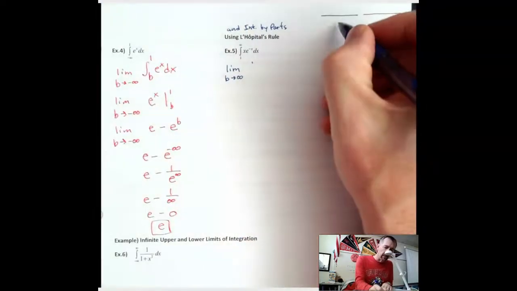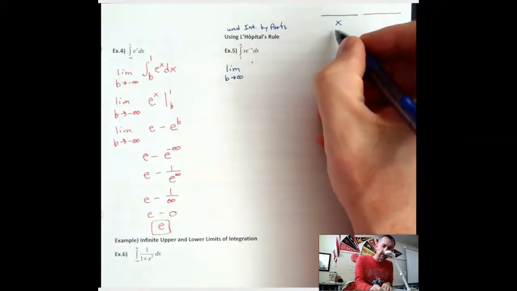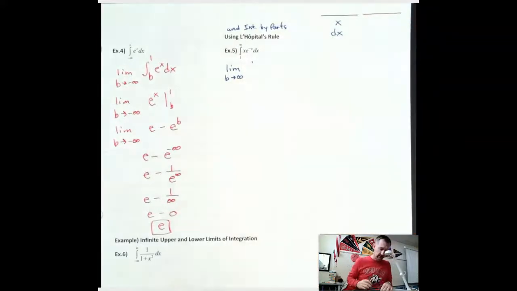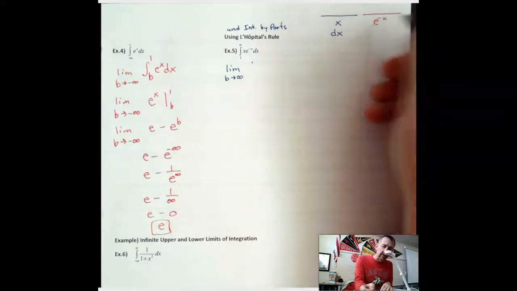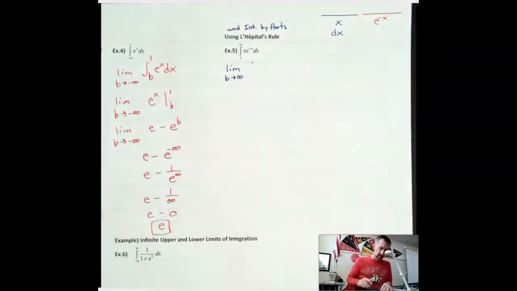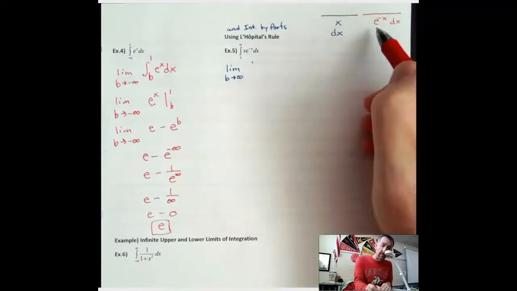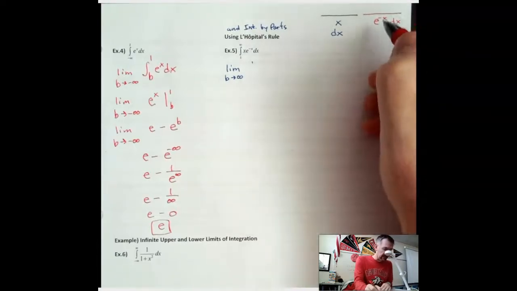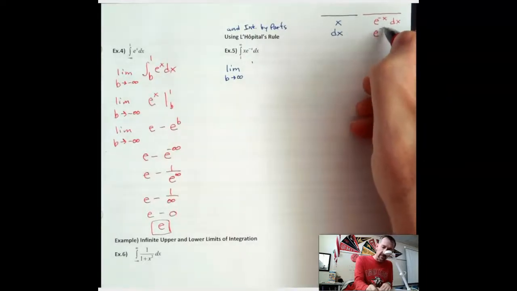Alright, so we're going to let u be x, and then so take du, that's going to be dx. And then if we let e to the negative x be v, and then we want to integrate that, that's going to be the derivative of e to the u is e to the u, so that would be this.